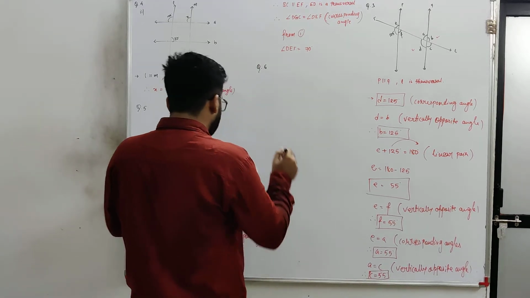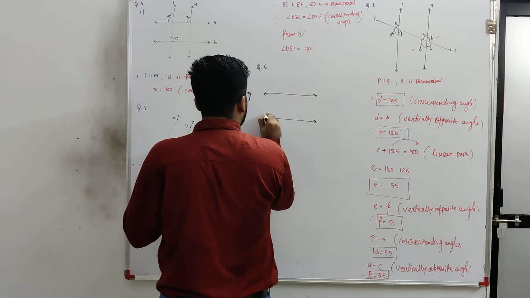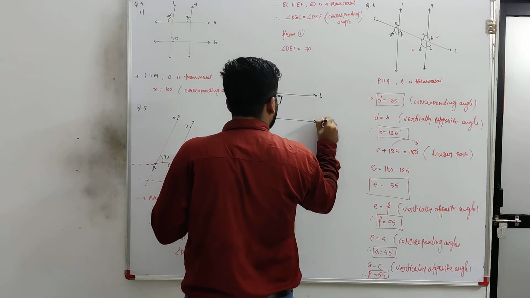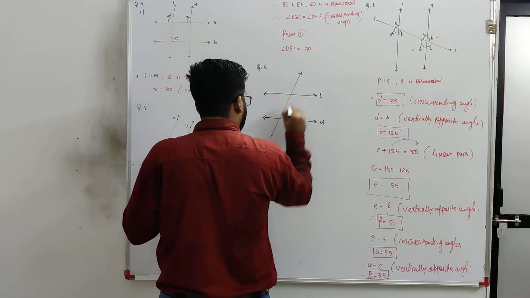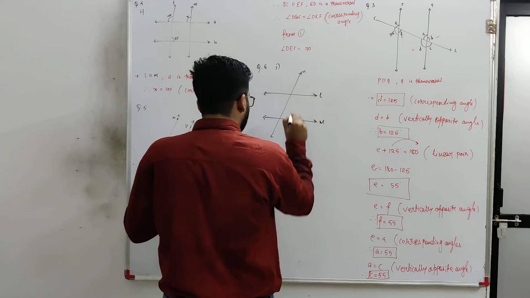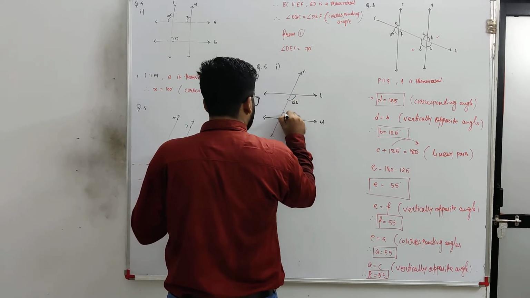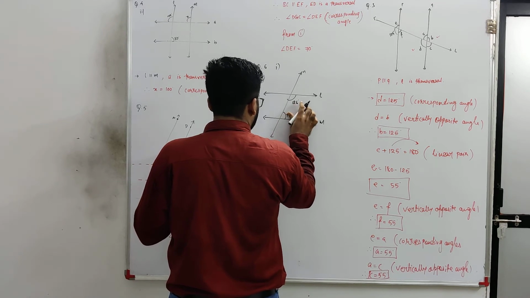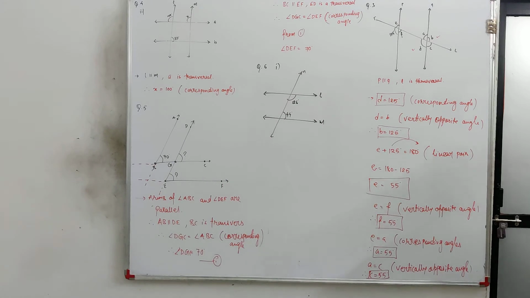The given figure is like this. L, M, and there is one transversal, N, for the first question, and they have given two interior angles, 126 degrees and 44 degrees. I need to verify whether L is parallel to M or not.